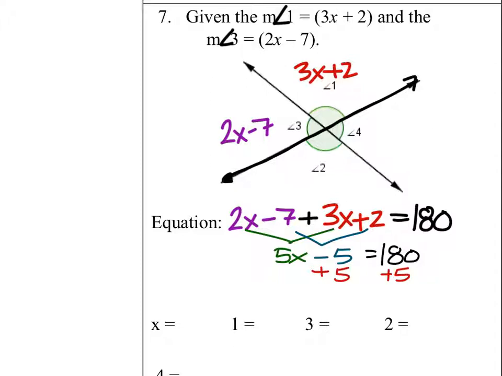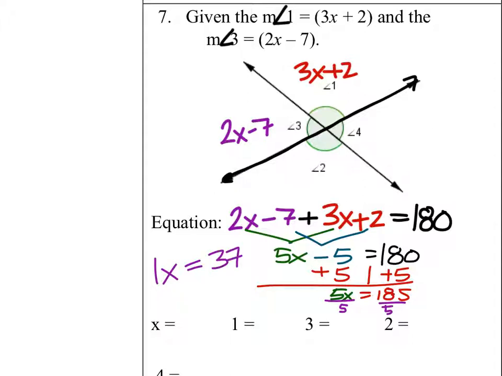But if I do it to one side, I must do it to both sides. So I got 185 equals the 5x. And to solve this, we'd divide both sides by 5. And that would give us that the 1x, or just the x, would be 37.